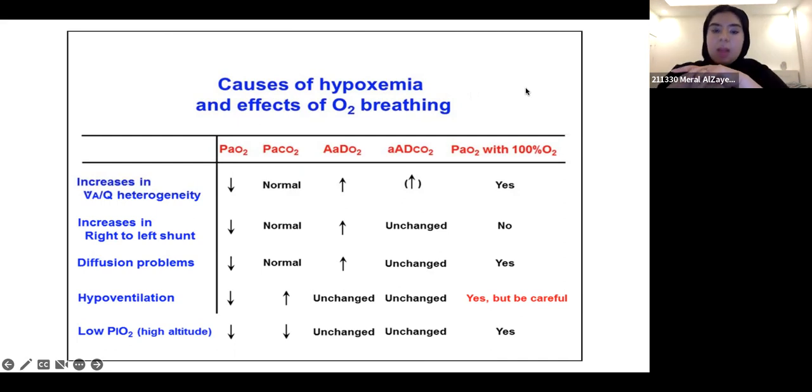Now, the last thing that your doctor, Dr. Shams, mentioned is that when we infuse patients with oxygen, we need to be careful. Why do we need to be careful? A person is hypoxemic, so obviously we're going to infuse them with oxygen.